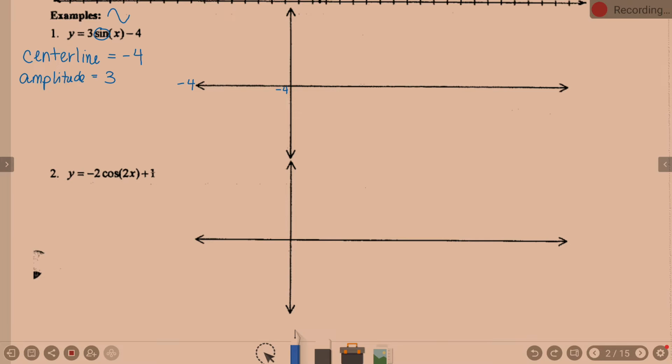And that amplitude is how high and low my graph goes. So I'm going to write high/low. So an amplitude of 3 says my graph goes up 3 and down 3. Well, with that in mind, how should I label my y-axis?